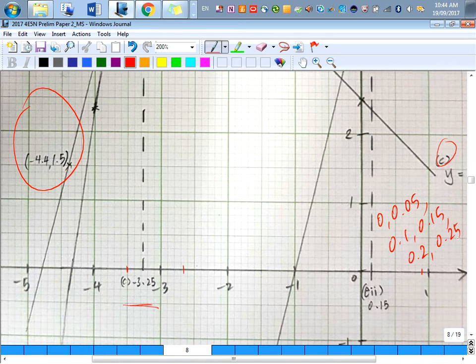Isn't that what I've been saying? You put the accepted range like that, or you just put 3 numbers there? Yeah, I could have. But when we mark, we know what to look out for. What do you mean it doesn't look like 0.5? Because it's in the middle of 0.15 and 0.2.